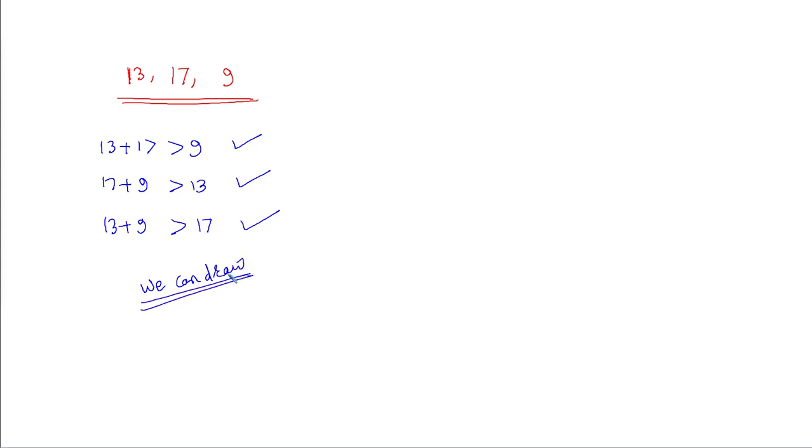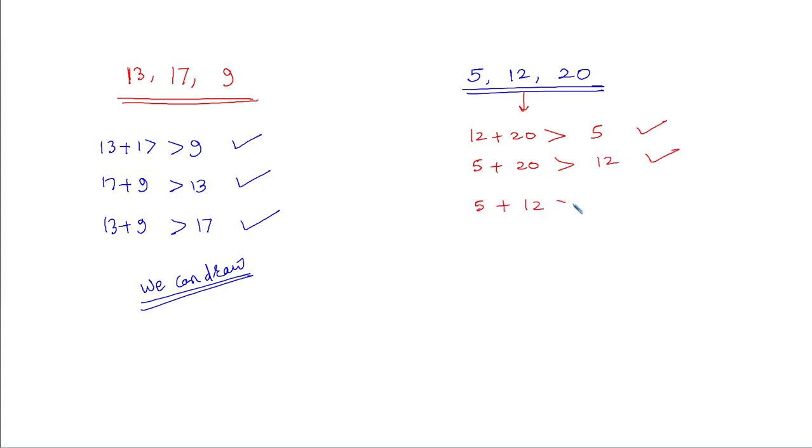So let's take another example. The example is 5, 12 and 20. Can we draw a triangle with the sides 5, 12 and 20? Let's check. Now 12 plus 20, is it greater than 5? Yes. Then 5 plus 20, is it greater than 12? Yes. Then 5 plus 12, is it greater than 20?